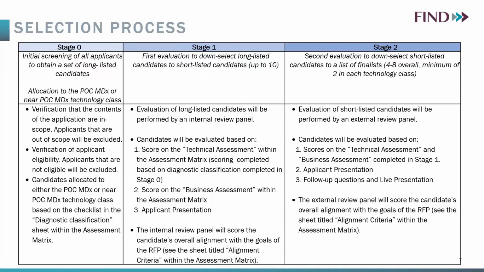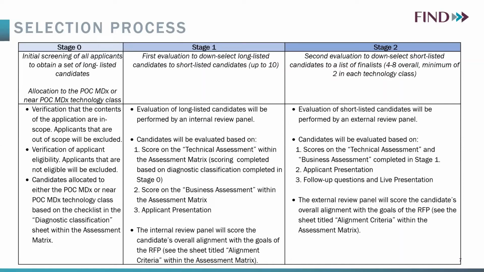And the third one is the applicant's presentation. And the internal review panel will then score the candidate's overall alignment with the goals of the RFP using this alignment criteria tab that is also included in the assessment matrix. From here, we will be shortlisting up to 10 candidates to move into stage 2.